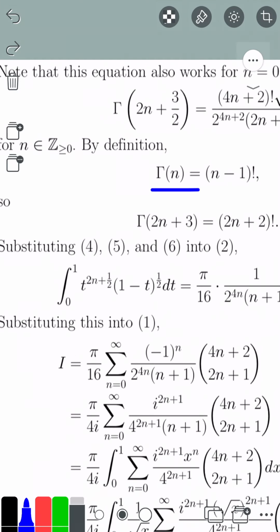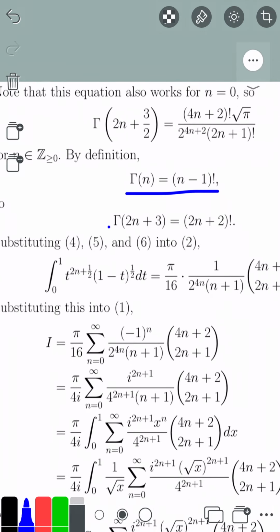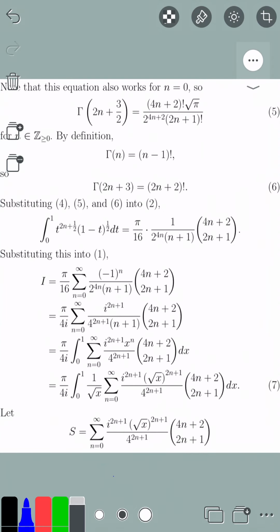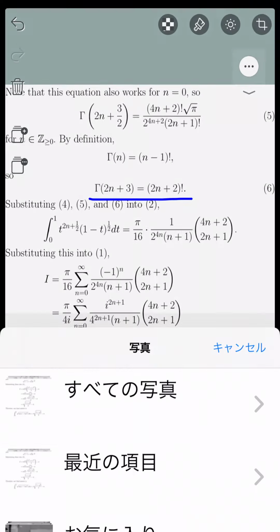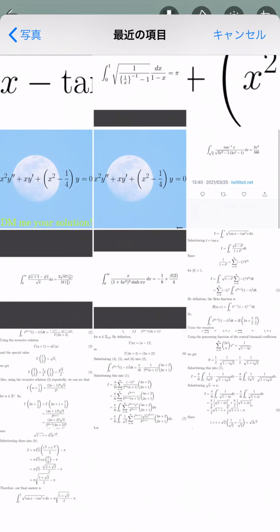Just using the definition that for positive integer values of n, gamma of n is equal to n minus 1 factorial. So gamma of 2n plus 3 is 2n plus 2 factorial. Alright, so we have simplified all 3 gamma expressions. So we will substitute this, and let me go back to the last slide.